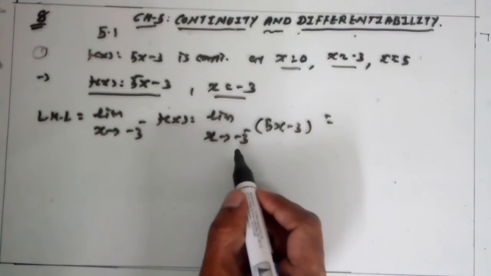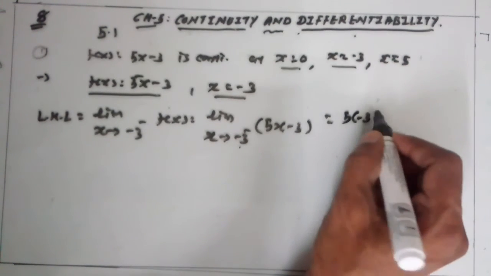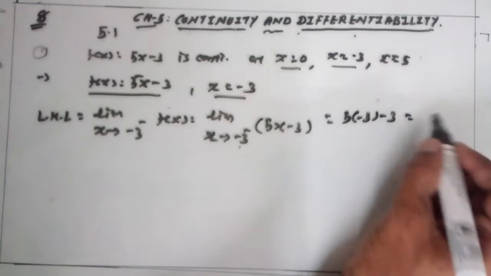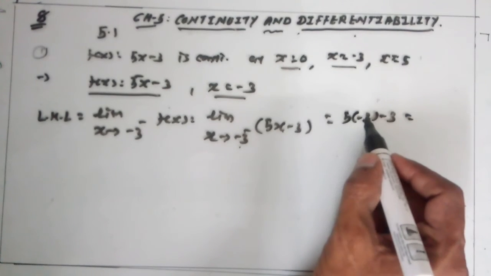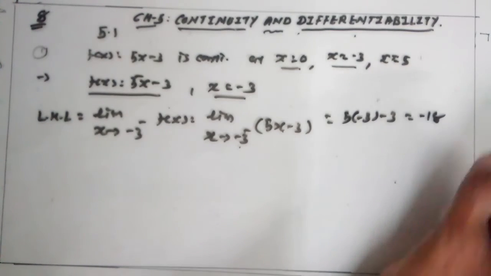Replace x by -3. So 5 into -3 is -15, minus 3, that is -18.